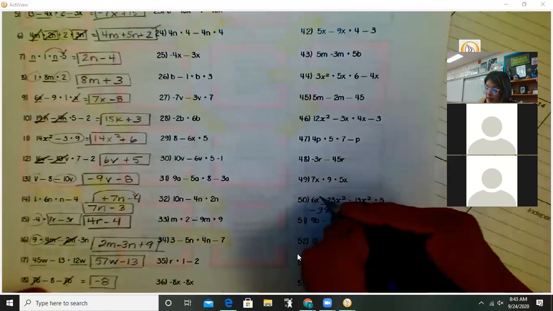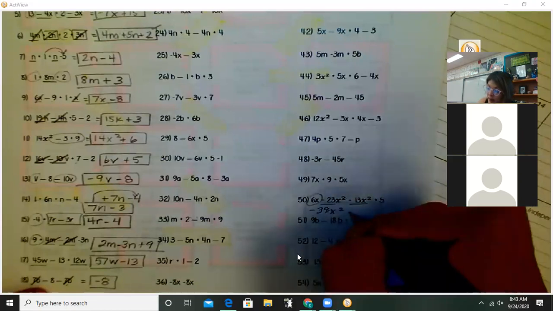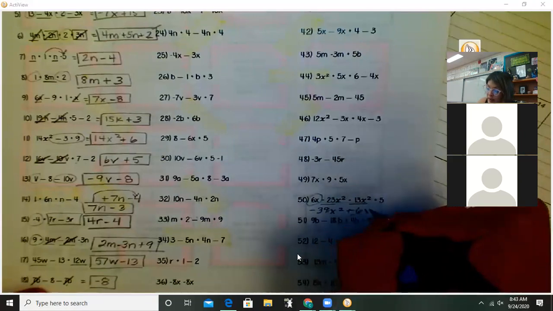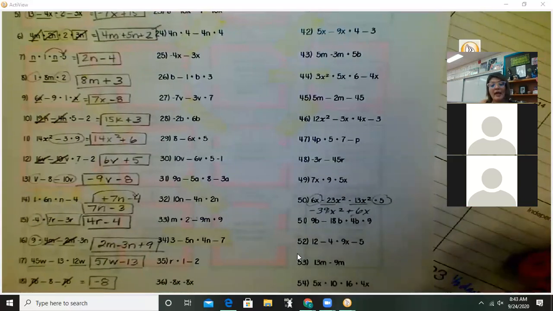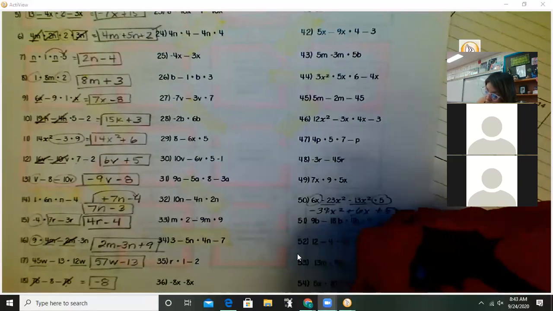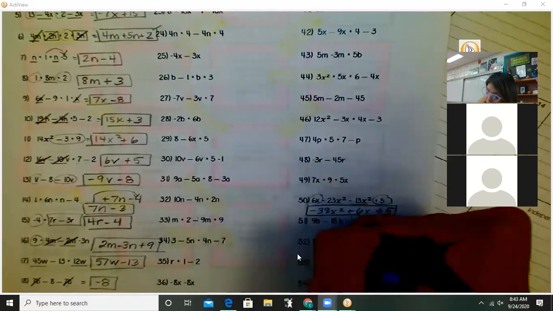So because this doesn't have any like terms and it's positive, it's just going to be plus 6x. And this value here, 5, doesn't have any variables, so it stays by itself and it's called a constant. So this is what my answer is for this value.